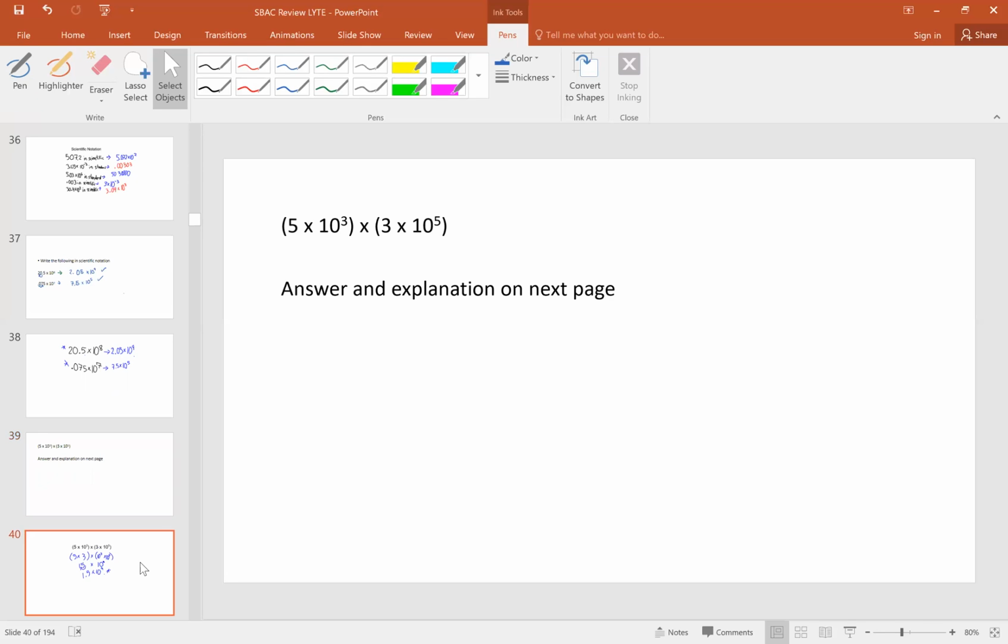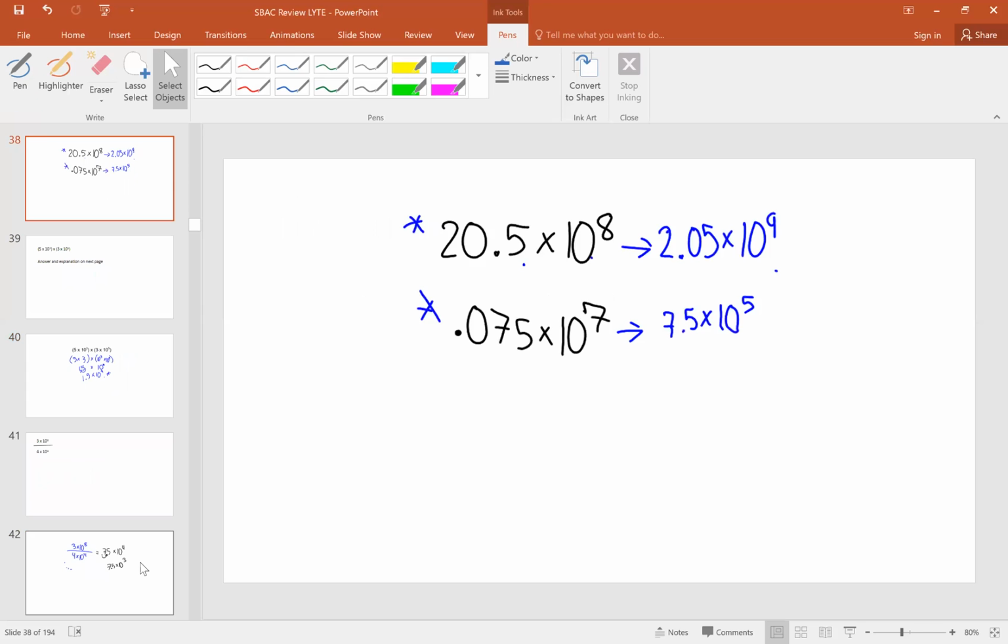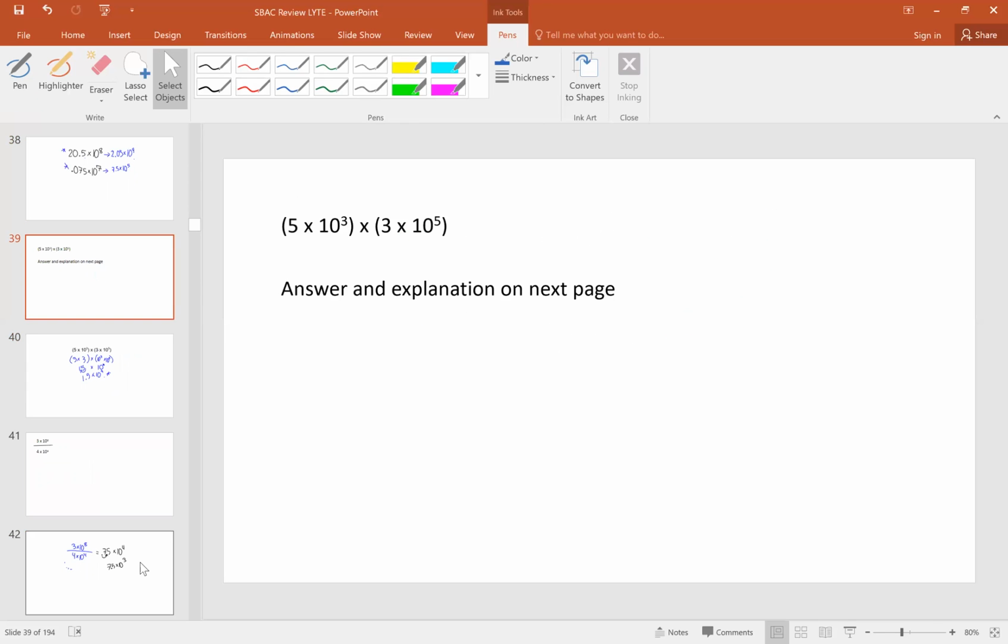We might dive into a little bit of addition and subtraction, but we'll see. In terms of multiplication, if I have 5 times 10 to the 3rd times 3 times 10 to the 5th, what I would do is treat each entity separately and combine. This is not officially combining like terms, but I would do everything that looks alike together.